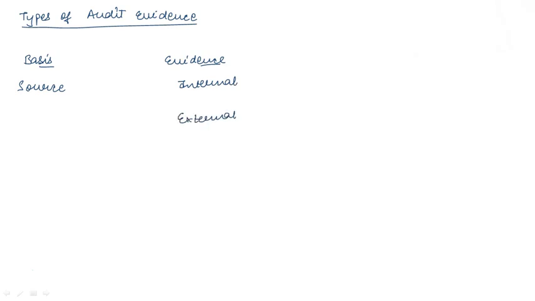Internal over here refers to the availability of the evidence within the organization, right? For example, a copy of sales invoice that is available within your company, or you can say goods received notes.